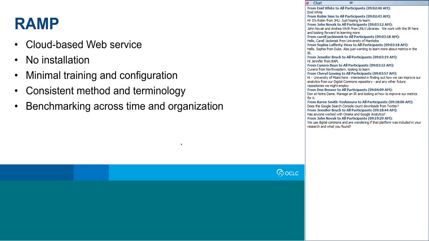So just to go over the quick facts about RAMP, it's a cloud-based web service, and as a result, there is no installation required. There's minimal training and configuration. In fact, the only training or configuration really needed is providing us, the hosting folks, with a bit of information about your IR, and then setting up your Google Analytics settings, providing access such that we can collect the data for you.